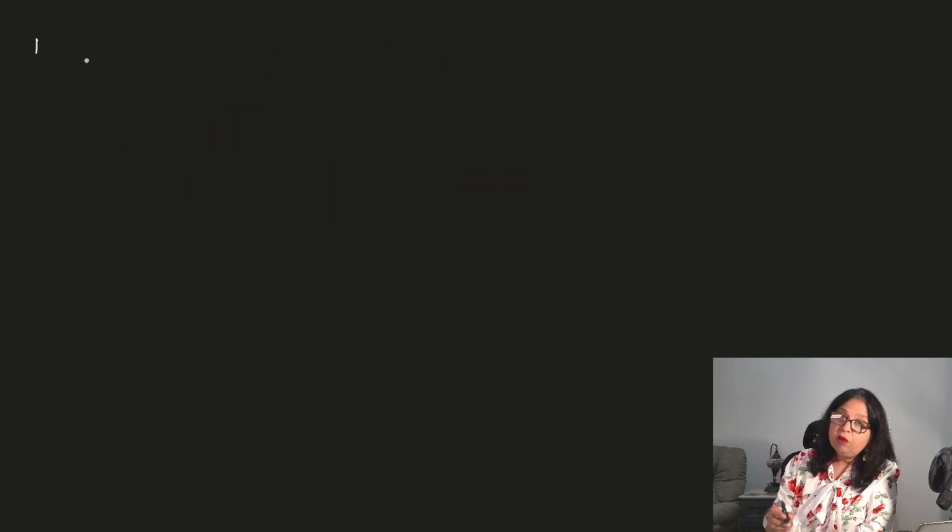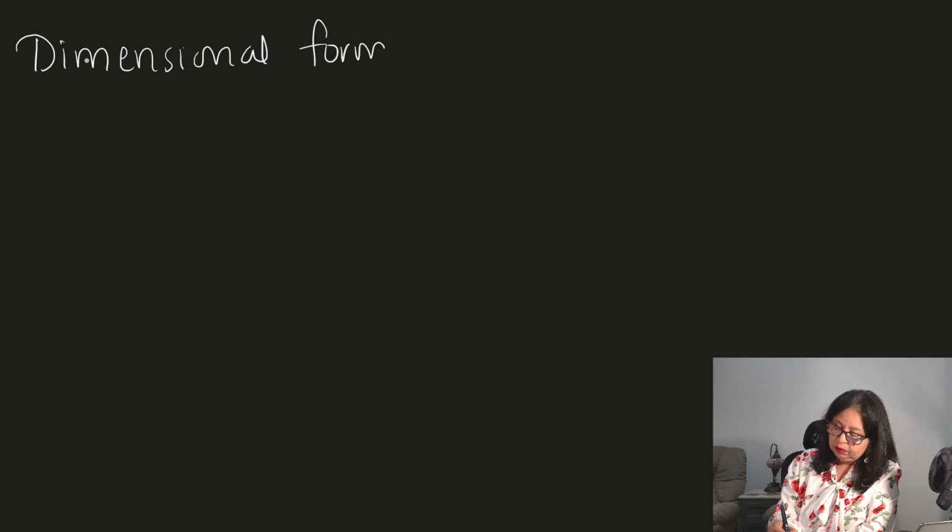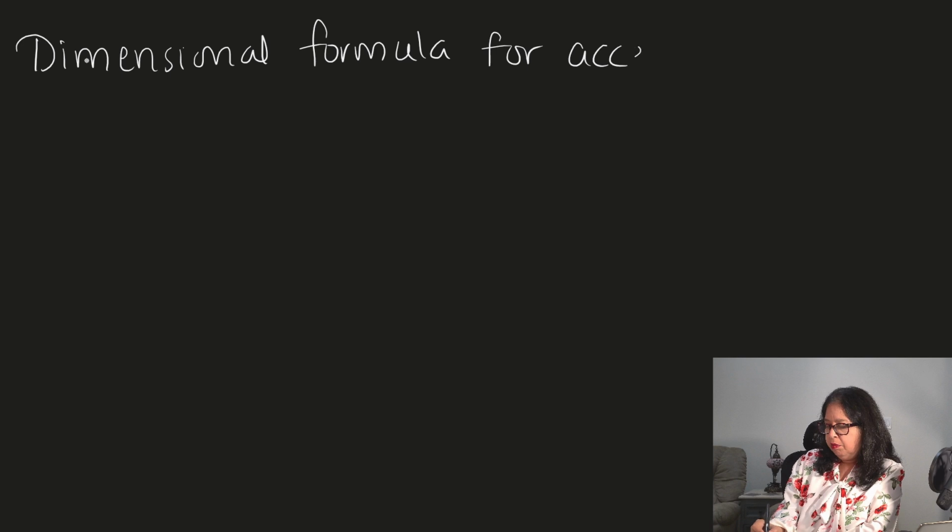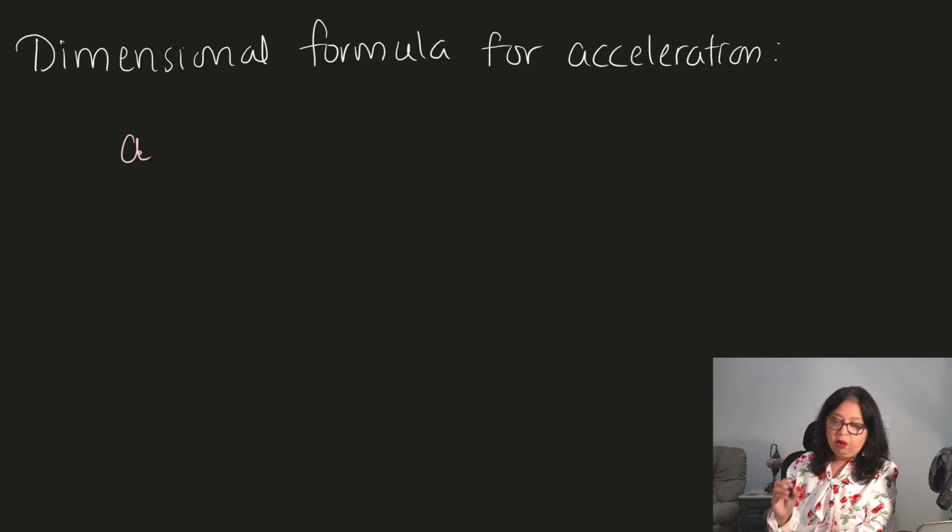Let's now figure out the dimensional formula for acceleration. Acceleration is represented by lowercase a. Like I said, you have to be careful about the case of the letter, of the symbol, because physics is case sensitive.